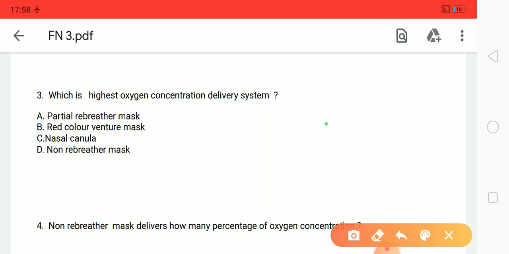Then the right option is option D, non rebreather mask. This is the highest oxygen concentration delivery system.